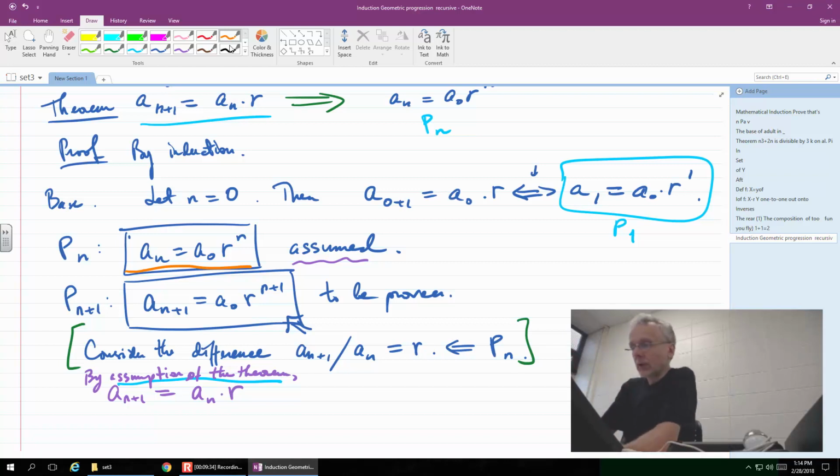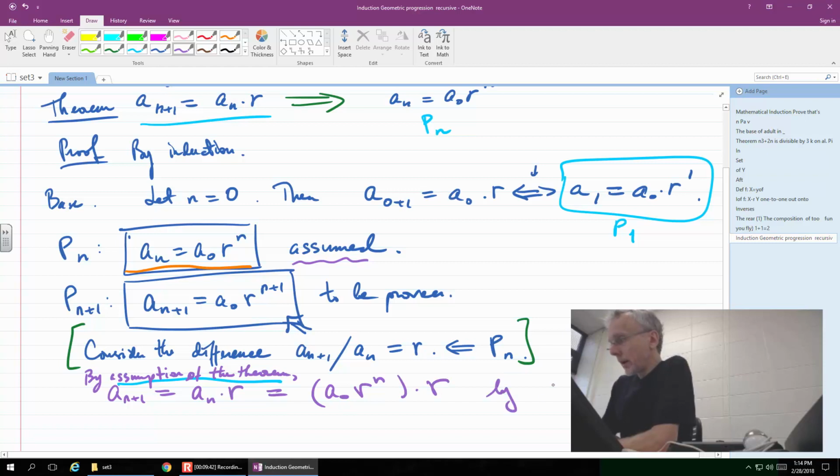Just substitute here: equal to A naught Rn times R by inductive assumption. So the inductive assumption plugs in, A naught times Rn, and then we are pretty much done, because it's A naught times Rn plus 1, and that's all.